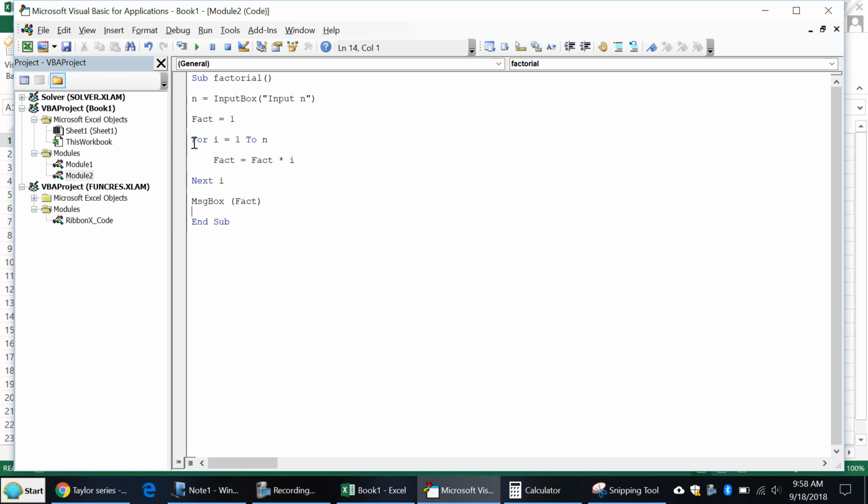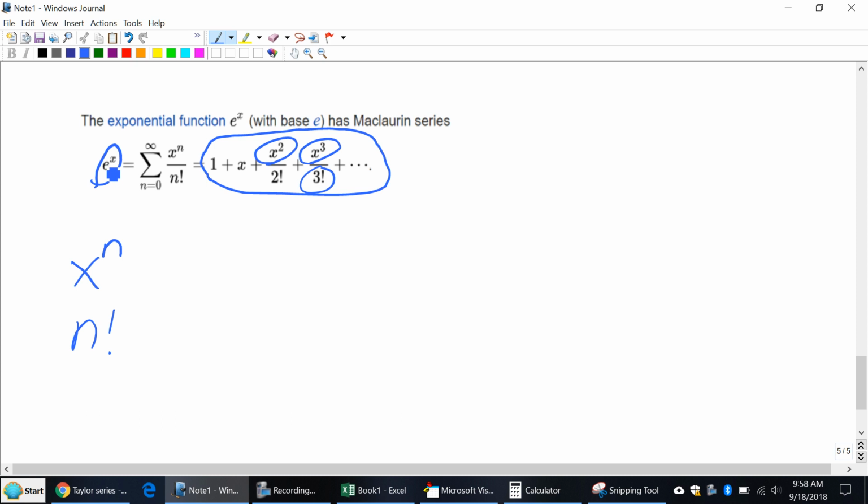To take a complex function like e and raise it to a power requires exponentiation, which is raising something to a power, and being able to take the factorial of a number. But those in and of themselves are nothing more than counting and multiplying.